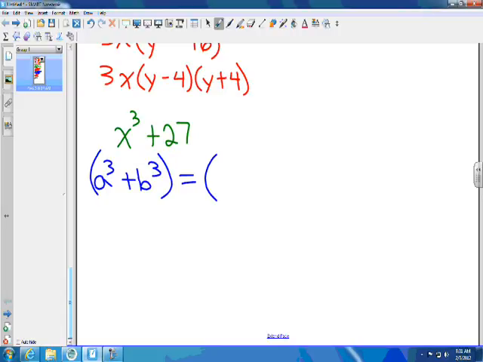You will do the cube root of both of those. So the cube root of x cubed would be x, and what do we say the cube root of 27 is? I'm doing the pattern, sorry. So we'll look at this one, and then we will apply that to the problem we're working on. So what would the cube root of a cubed be? A plus, cube root of b is b.